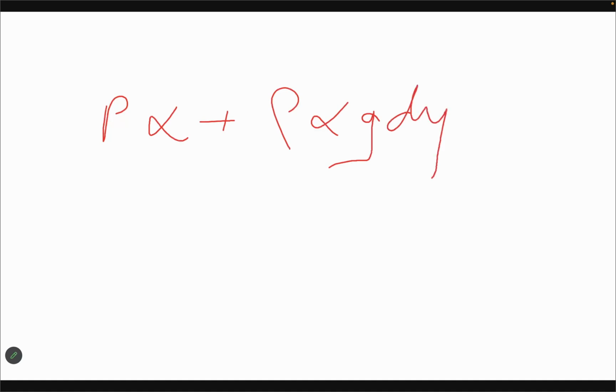So I am to take, let's say, the downward force as positive. P alpha we write down. The other force in the downward direction being rho alpha g dy. The third force, which is in the upward direction, will be negative to us.